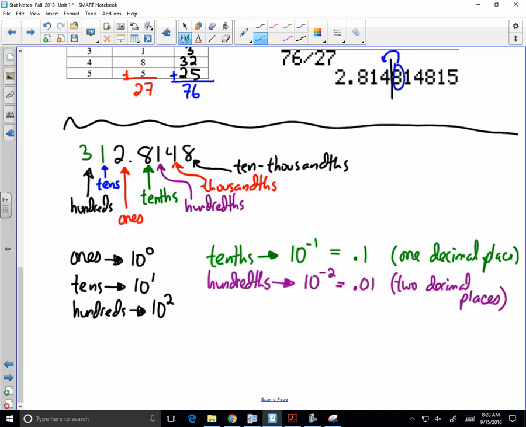So then the next one would have 3 decimal places or 4 decimal places. Okay. So in terms of actually knowing the name and corresponding that to the actual decimal place, the tenths place gets its name from the fact that it is 1/10. 10 to the negative first is 1/10. Right, so it's the tenths place.